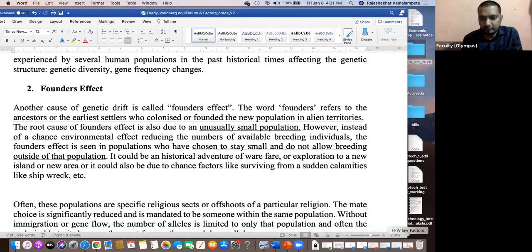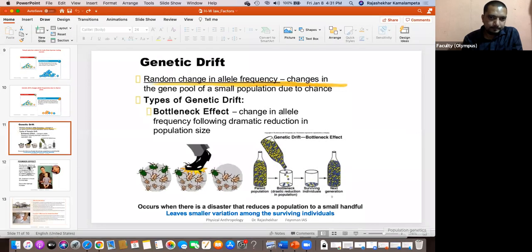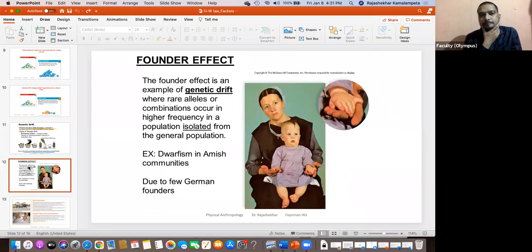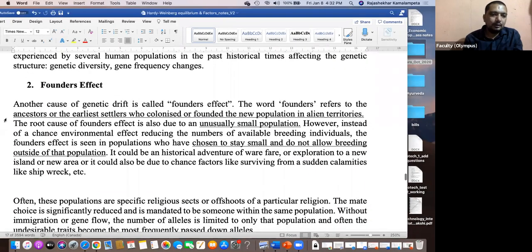So let's learn what founder's effect is. As a term, founder here refers to someone who started the population. It refers to the ancestors, the early settlers who colonized or founded a new population in new areas.